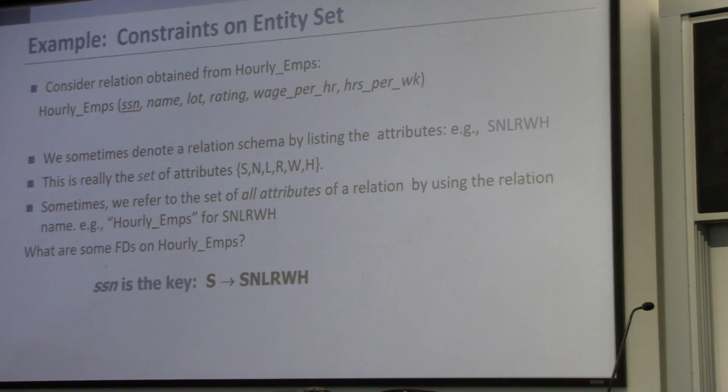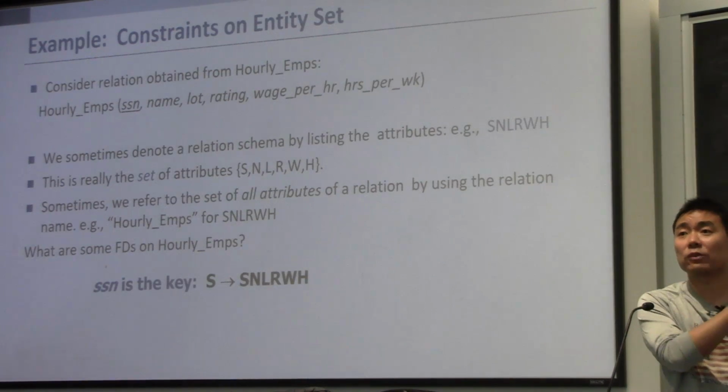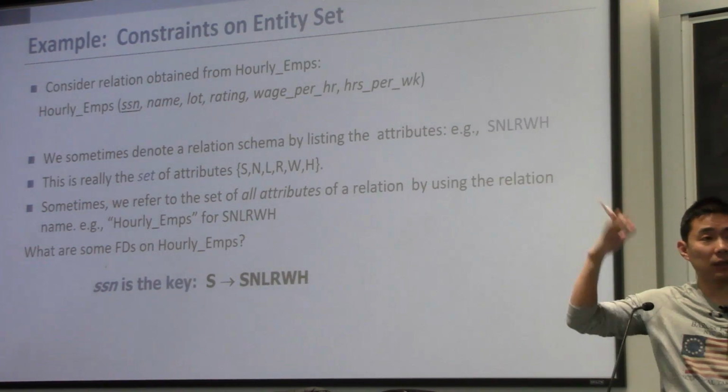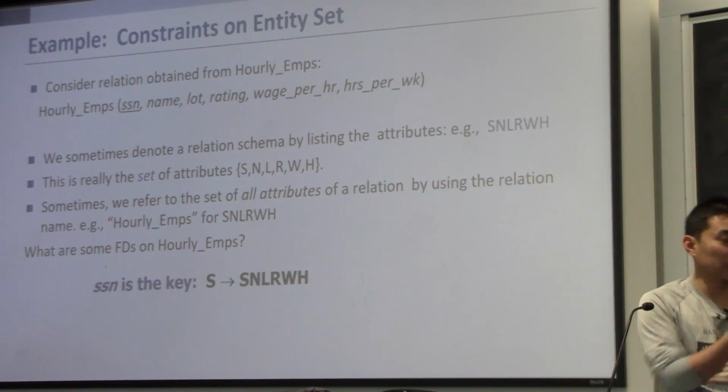That's the definition, where r is a valid instance of R, and t1, t2 are any two records. X and Y are subsets of attributes. You follow this? I'm doing nothing fancy, just replicating that particular slide so you can make reference to this.